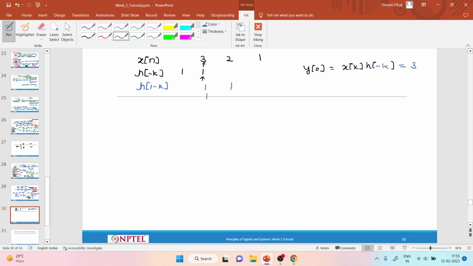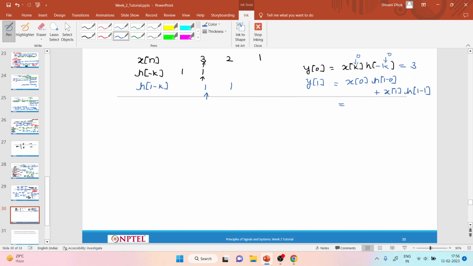So y of 1 is x of 0 into h of 1 minus 0, plus x of 1 into h of 1 minus 1.